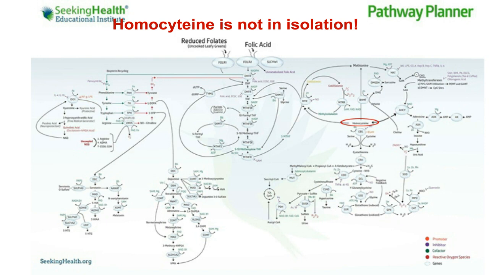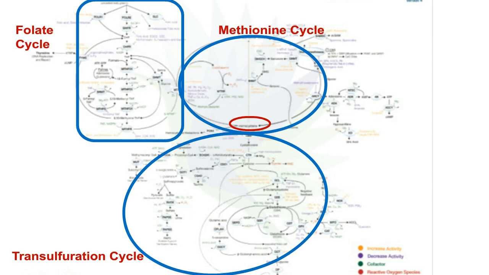And if we blow this up and look more closely, what we can see is that homocysteine, though it's in the middle of the screen, is right at the junction of two different cycles, the methionine cycle that I have referenced a number of times, and the transsulfuration cycle just below it. But feeding into the methionine cycle is the folate cycle. And all three of these are friends of each other.